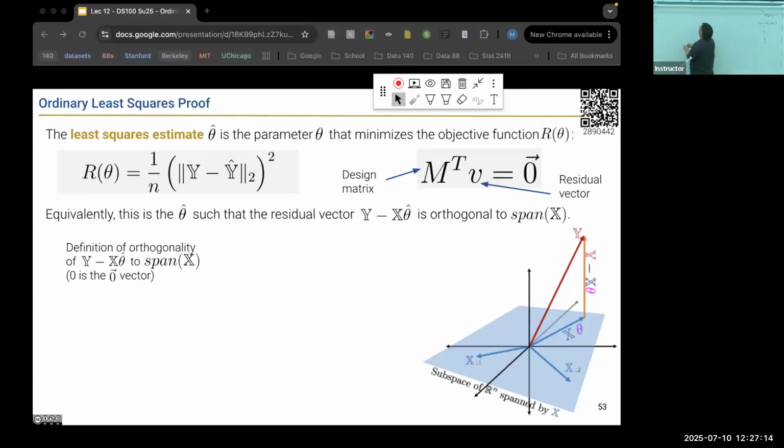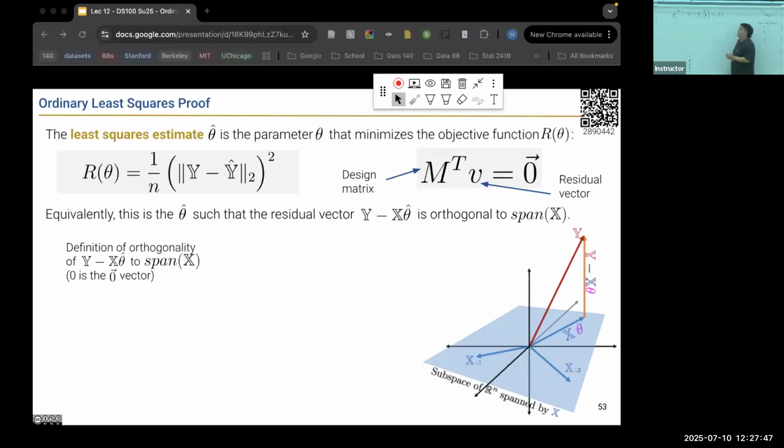So I know my y minus y hat, or y minus X theta hat, dotted with X transpose times this residual, is going to be 0.